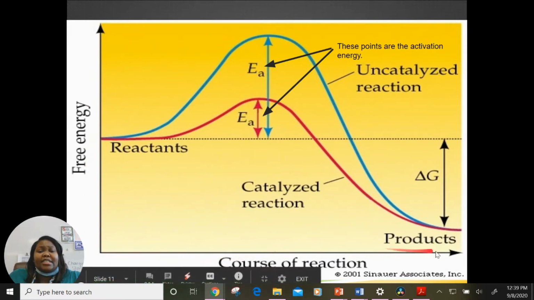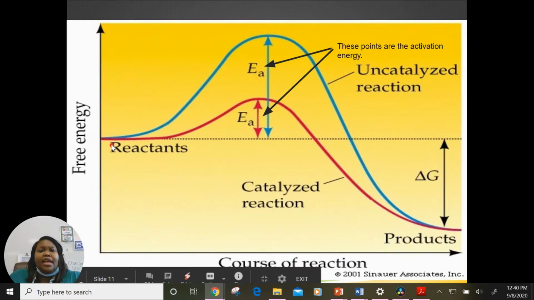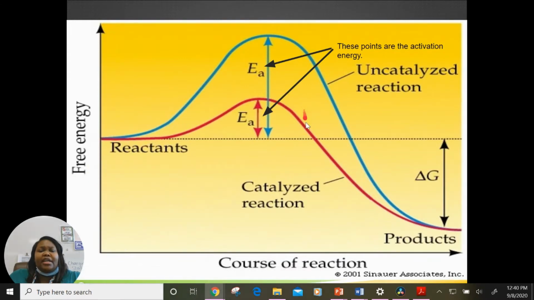On our x-axis, we have the course of the reaction or time. And I have two reactions here. I have a reaction in blue that's a little higher, and I have a reaction in red that's a little lower. The reaction in blue is the first one that we'll talk about.